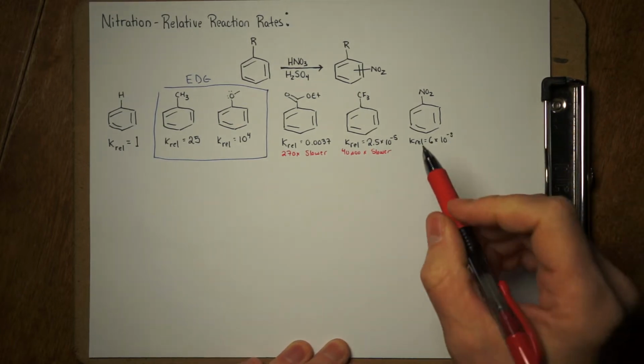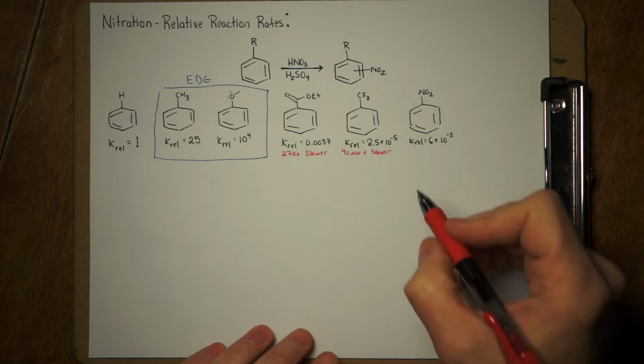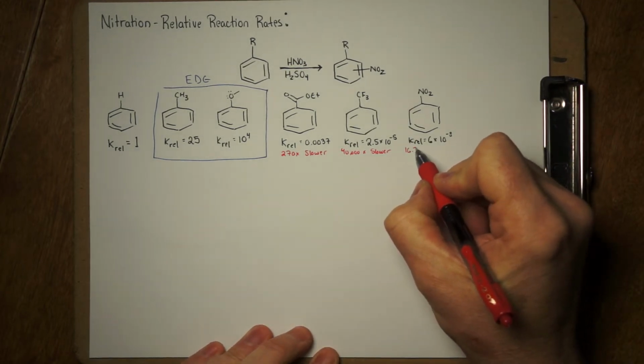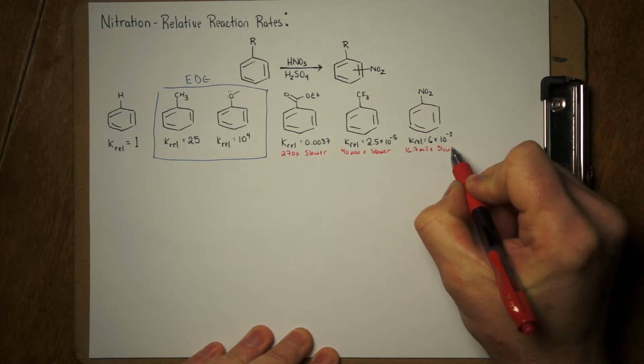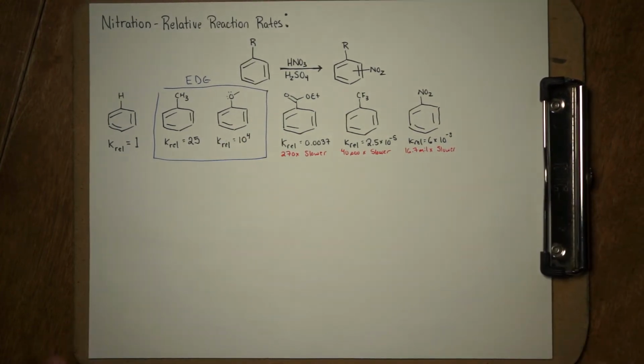And so in terms of how much slower that is than benzene, it's 16.7 million times slower than benzene. So doing electrophilic aromatic substitutions on nitroarenes, nitrobenzenes, is actually fairly difficult to do. Your reaction conditions need to be pretty extreme, and the molecules that you're using need to be pretty resistant to those extreme conditions in terms of their degradability. So we want the molecules to react, not break apart.